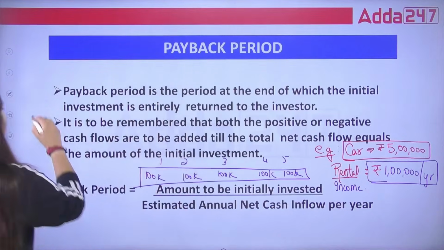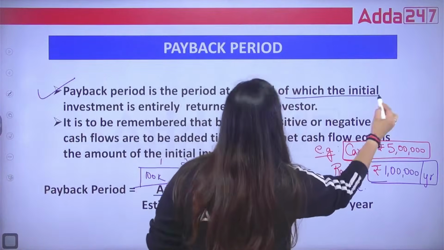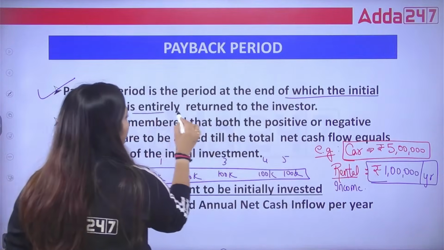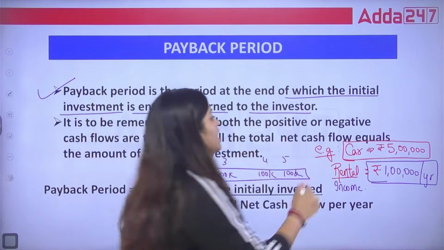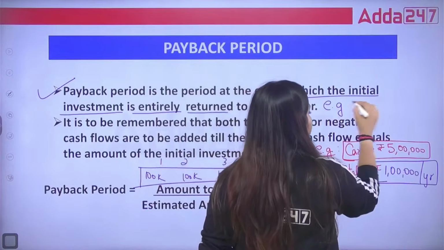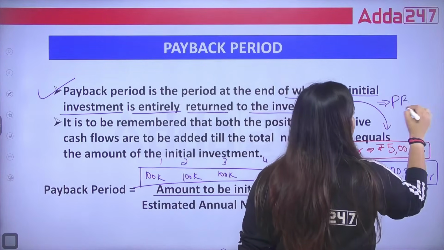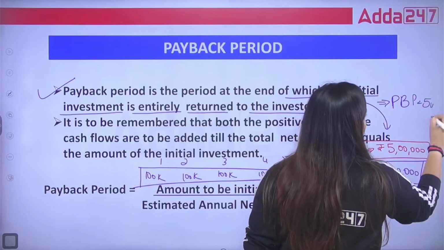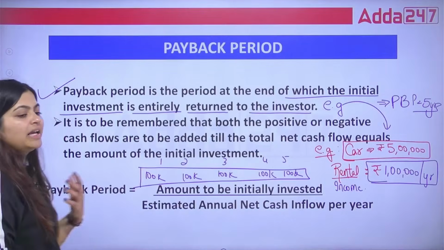Now let's read this. Payback period is the period at the end of which the initial investment is entirely returned to the investor. So as per this example, I will get the payback period as 5 years. Correct? So this is how we are going to calculate.